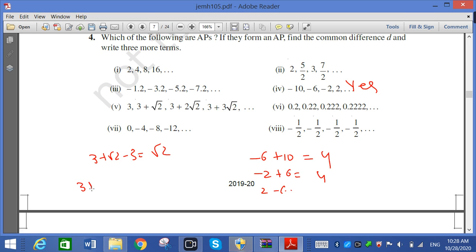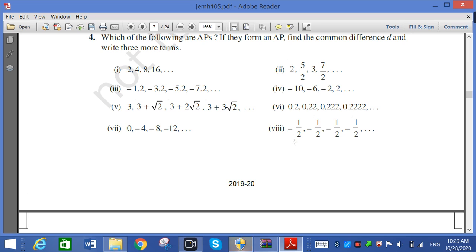Then 3 plus 2 root 2 minus 3 minus root 2. So these 3 cut. So again root 2. So again we can say yes. So mostly when yes comes, we have to go through and find all the 3 more terms. So find d first, and here d is 0. If you see the difference, every time d is 0. So we can already find more terms.